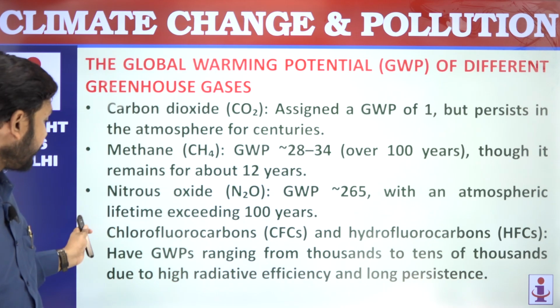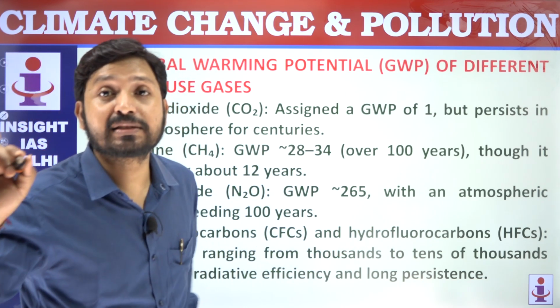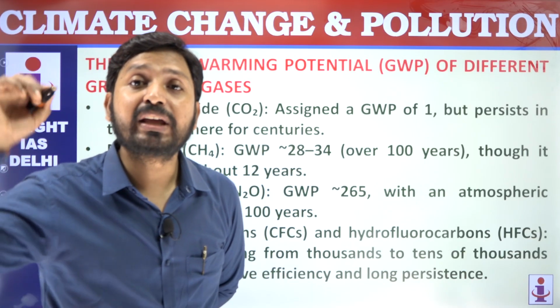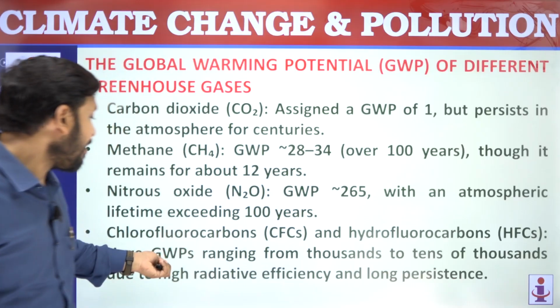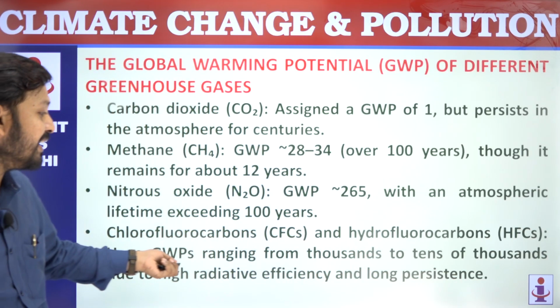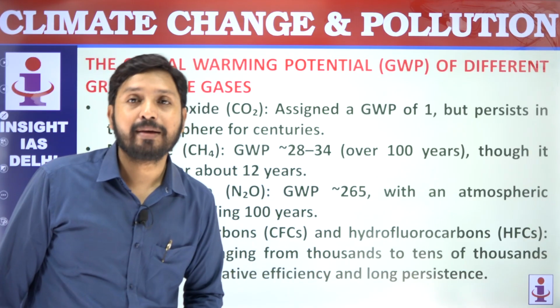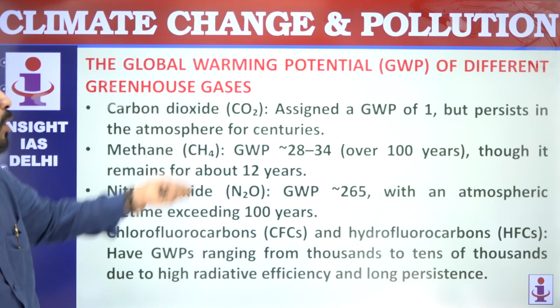Apart from that, chlorofluorocarbons and hydrofluorocarbons have very high global warming potential, ranging from thousands to tens of thousands, due to high radiative efficiency and long persistence, okay? So these are the major gases and their global warming potential.